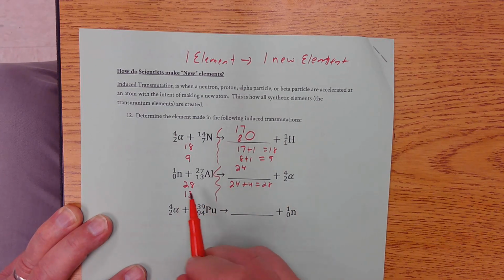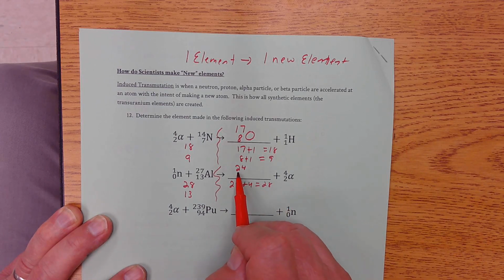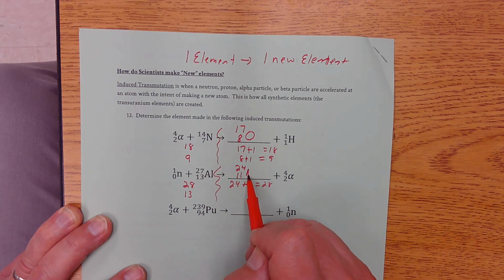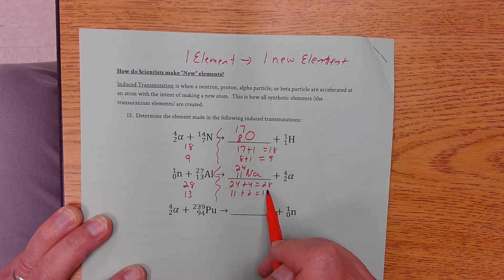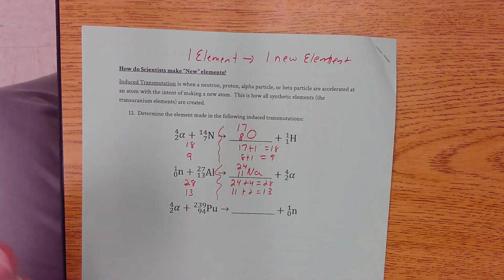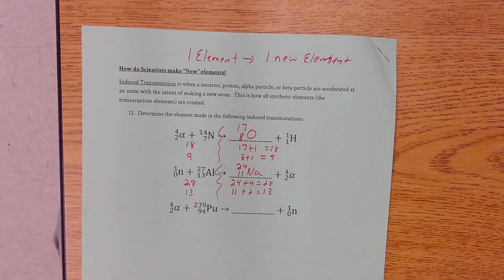And then the bottom, we need a total of 13, so I would have 11 here, which again, I know off the top of my head, it's sodium. Okay? 11 plus 2 equals 13. All right? Okay, so that's the idea behind those. We find the missing element, and we should generally know what those substances are.